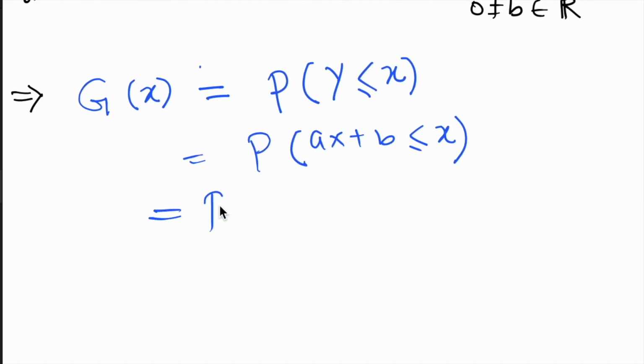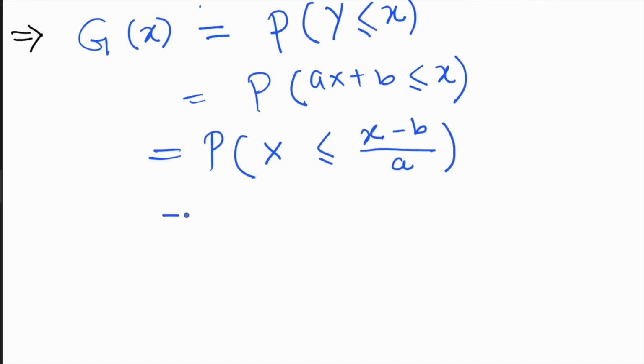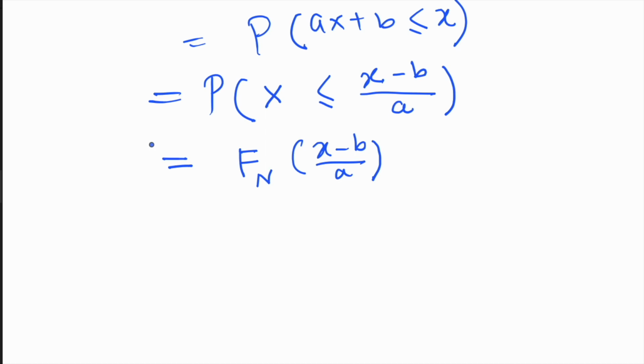So that means the probability that X is less than or equal to (x minus b) by a. This is nothing but the cumulative distribution function of the normal distribution at (x minus b) by a. And what is the cumulative distribution function of this normally distributed variable? Let's see what it is.